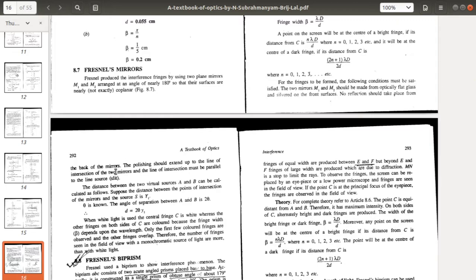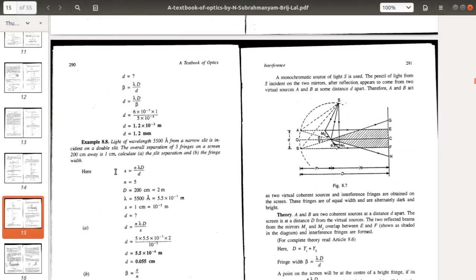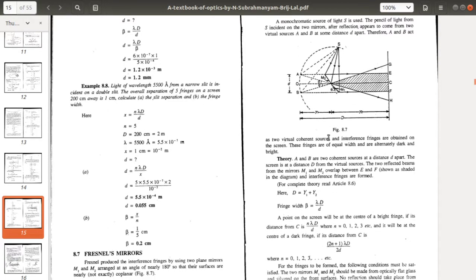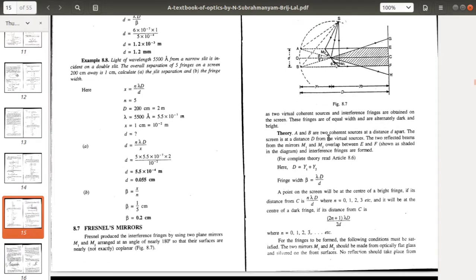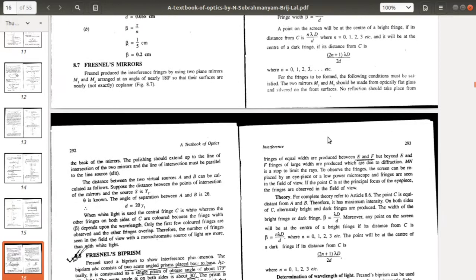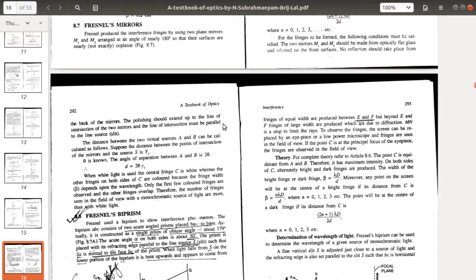The back side should be very well polished such that no reflection takes place from this portion. If reflection takes place from the other sides also, it will affect the fringe formation or interference.